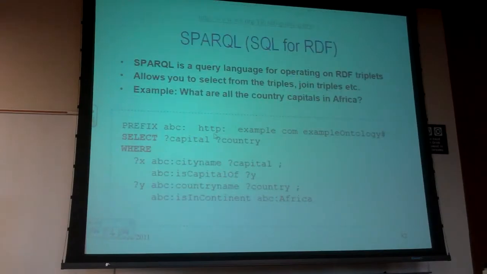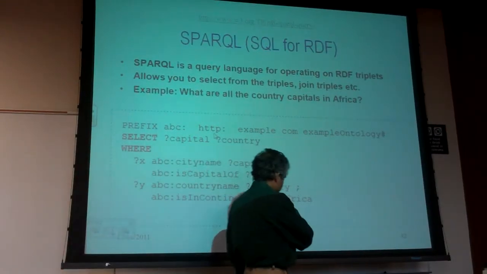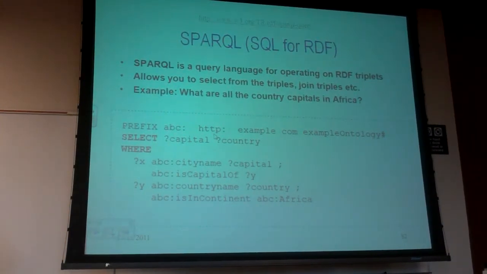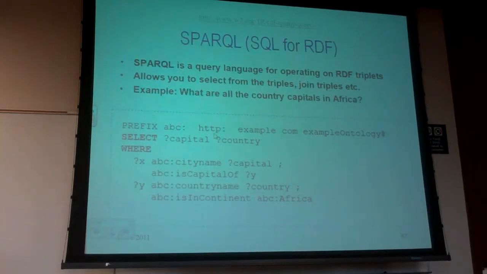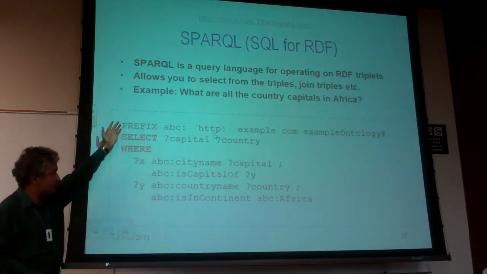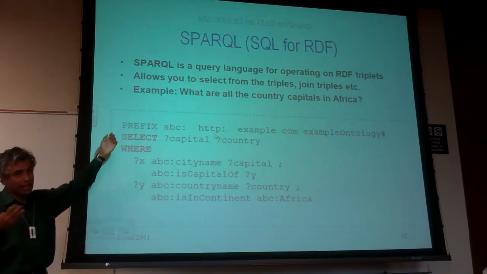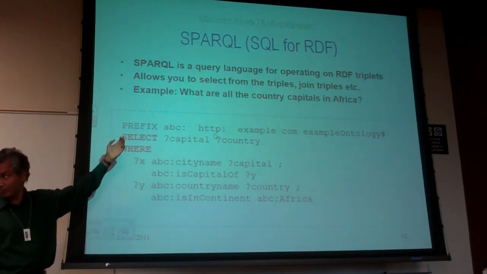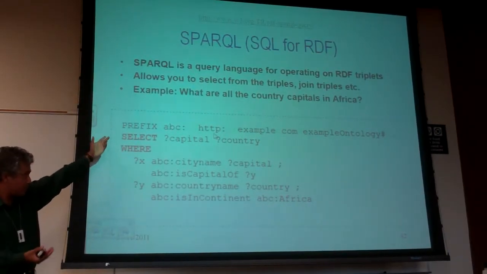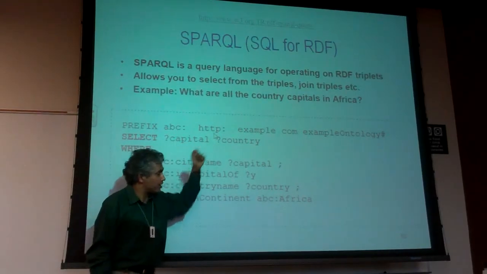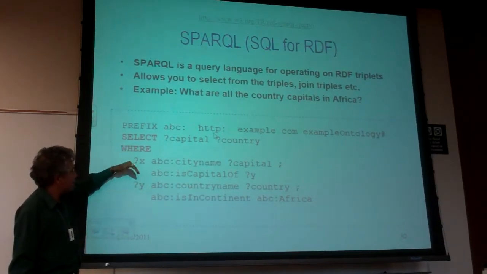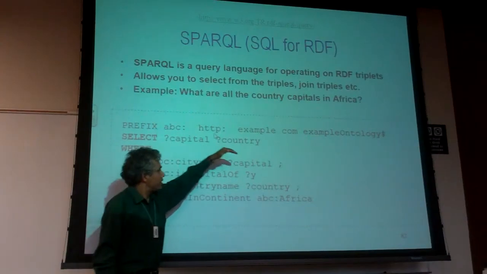It also allows front ends on those databases to query. One particular standard for querying RDF triples is SPARQL, which is sort of like SQL. So, for example, suppose I have a whole bunch of triples which tell me about capitals of countries and countries themselves. This particular query, which has its own syntax, says select the capital and the country, where you have one triple which starts with X, city name, capital.